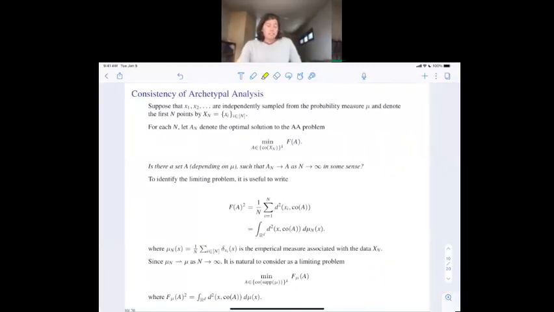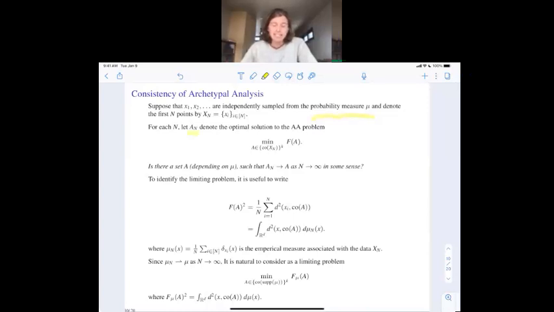Okay, so let's talk about this for archetypal analysis. Of course, I'm going to assume that my data is IID sampled from a probability measure mu. Now I'm going to decorate my solution to the archetypal analysis problem with an n.